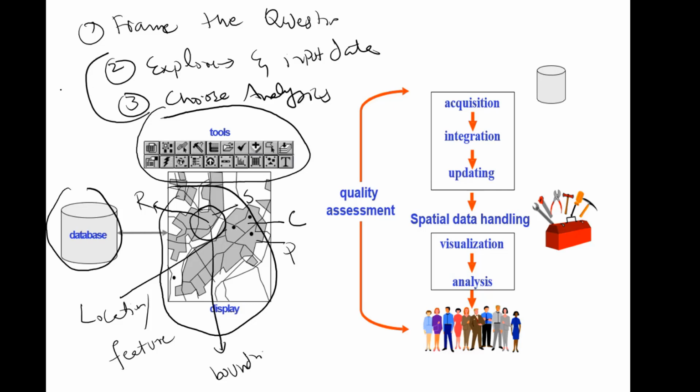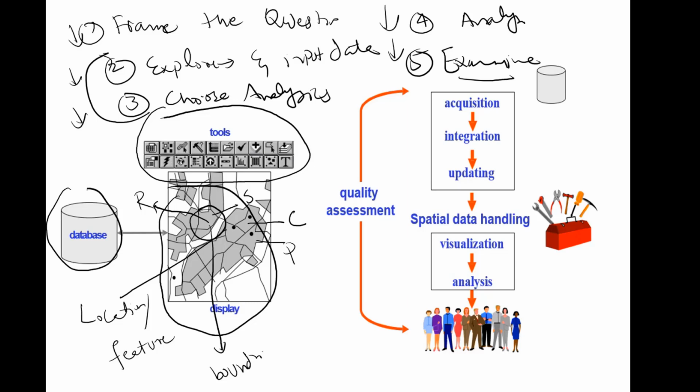Number four, analysis. And number five, examine. Examine means we need to see whether the achievement, or all the objectives we set, is the real representation of what we have achieved through GIS. If not, we need to refine those steps until we achieve the desired results.